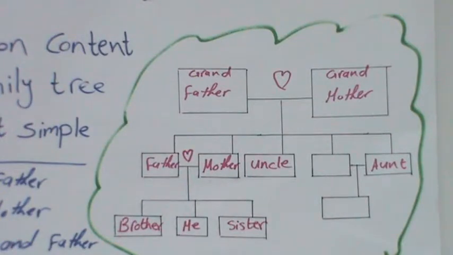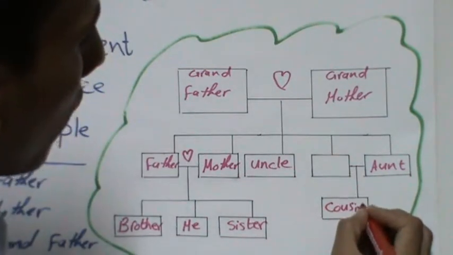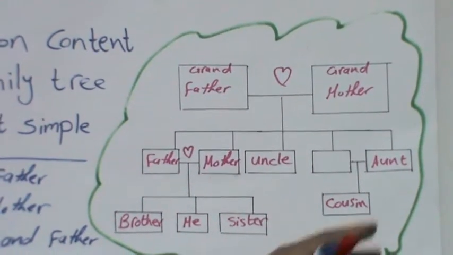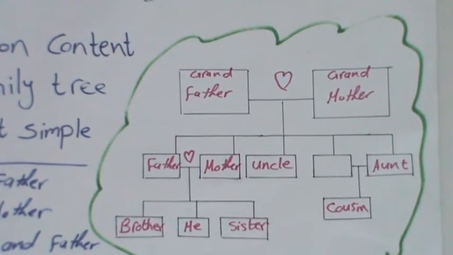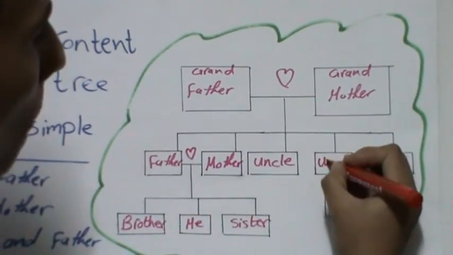Okay, and your aunt's son or your uncle's son is called cousin. So here will be cousin. A cousin can be a boy or a girl, so it's okay for boys and girls. Okay, and your aunt's husband is also your uncle, so here will be uncle.